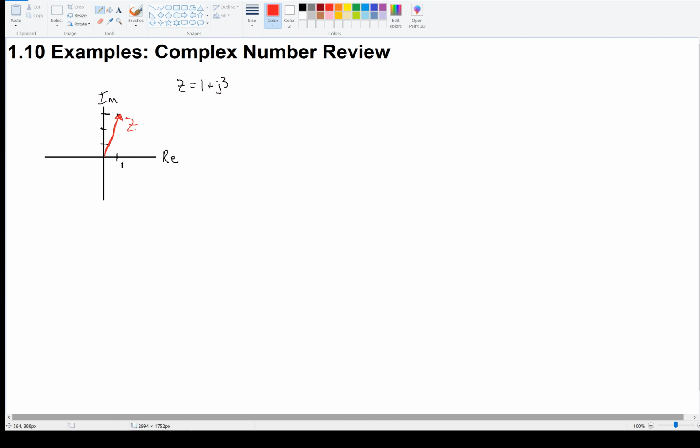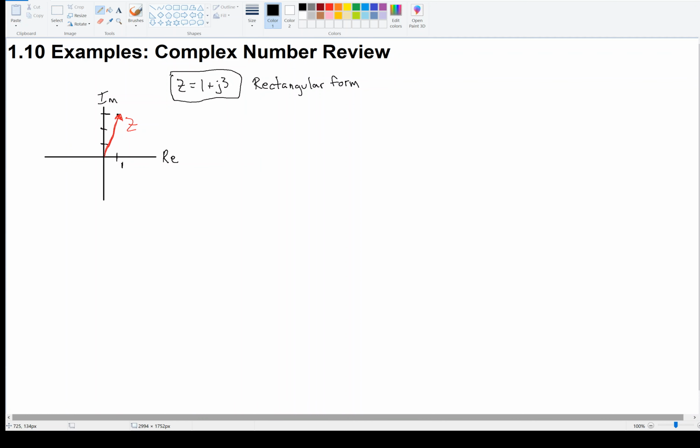Okay, and so that's the vector z in the complex plane. This type of representation is called rectangular form. If you think back to physics and vectors, or maybe Cartesian form, you may have heard Cartesian coordinates, but there are a couple different ways of representing vectors in the plane.